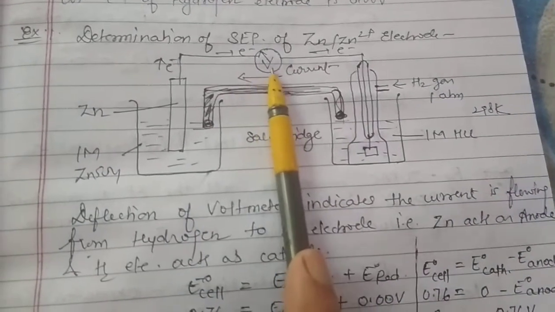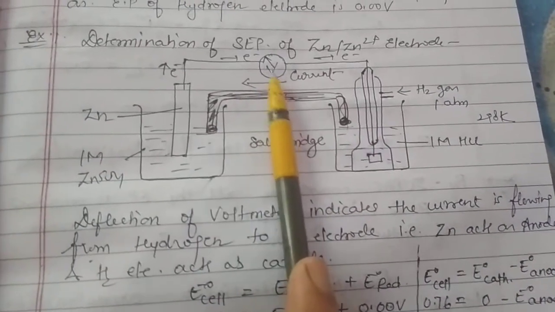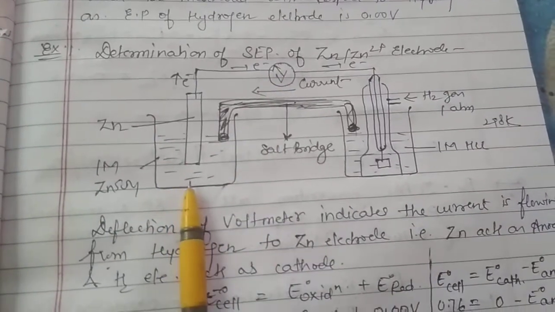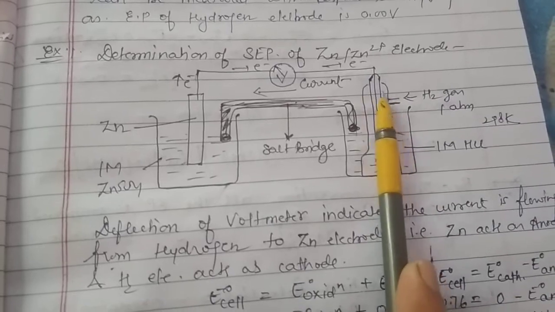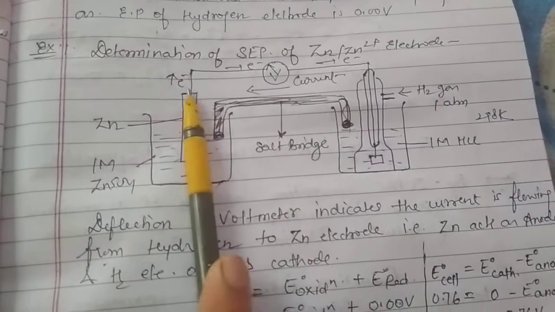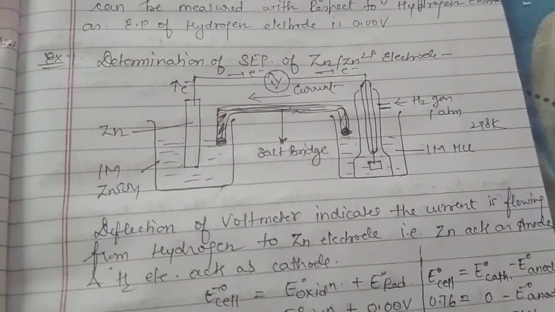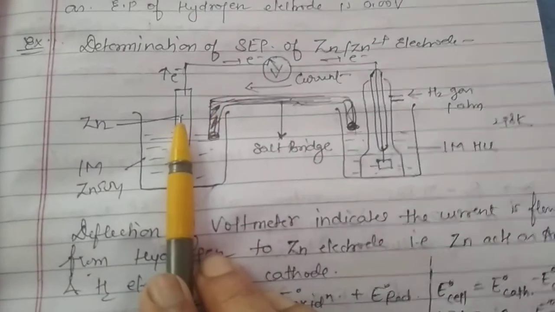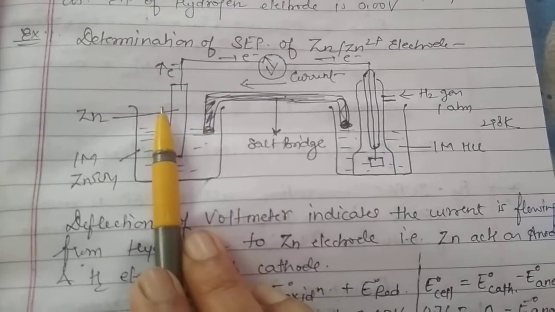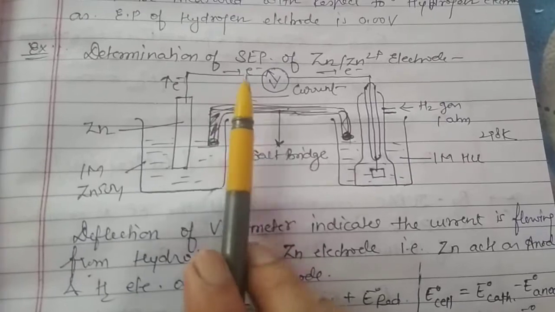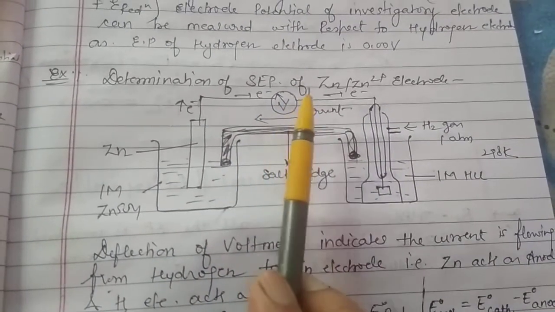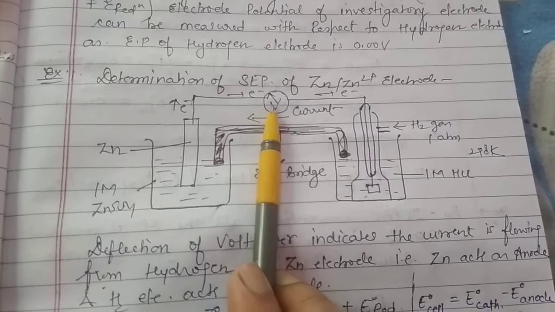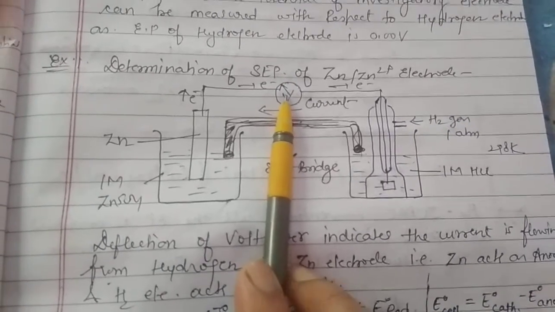It is connected by the voltmeter, and now the electron will flow from anode to cathode as we know, and the current would flow from cathode to anode in the cell. Now how would we know whether it is working like an anode or a cathode? It is told by the deflection of the voltmeter. The deflection of the voltmeter tells us the direction of the current flow.